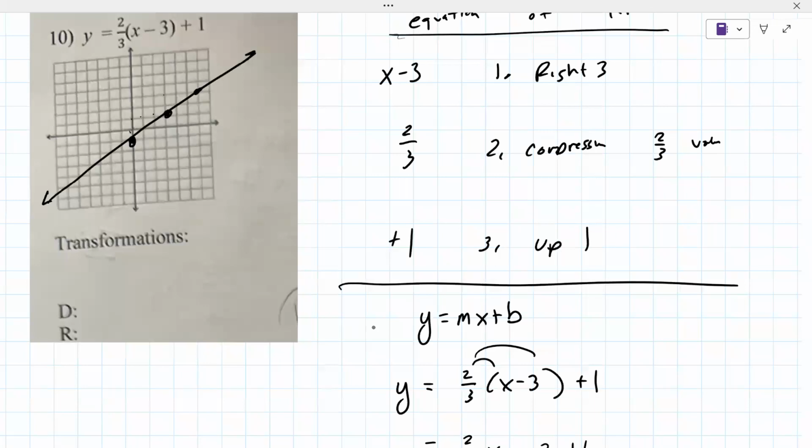The domain, unless otherwise stated, is -infinity to infinity. The range depends on the problem, but for lines like this, it is always -infinity to infinity. So this applies to lines. Okay, I got that.